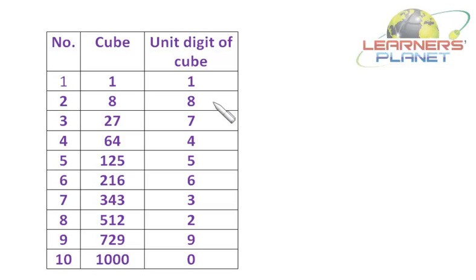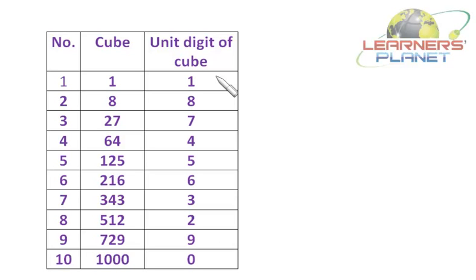Similarly, if the number has 8 at the units place, then definitely its cube root will have 2 at the units place. Similarly, we can observe from the table. Just observe it very carefully. You can make this table for your initial practice, and definitely you know all the cubes of the numbers, but for initial practice you can make this table.